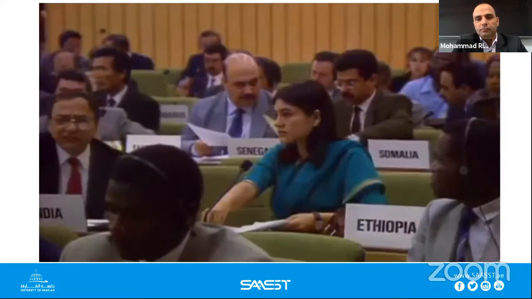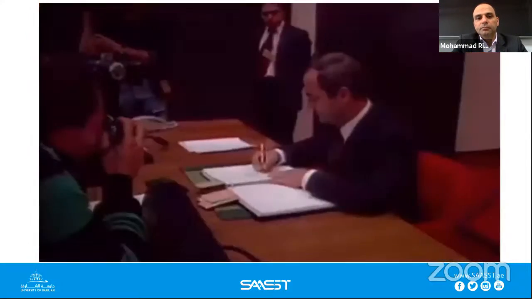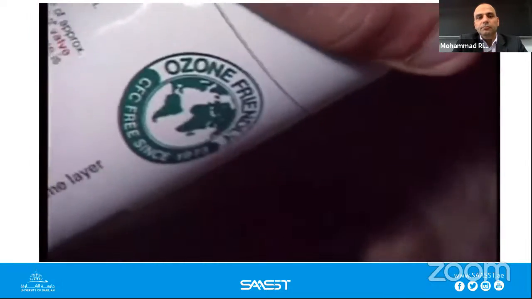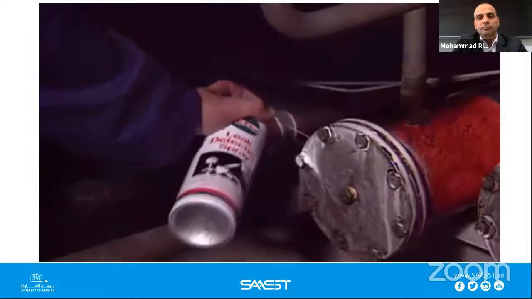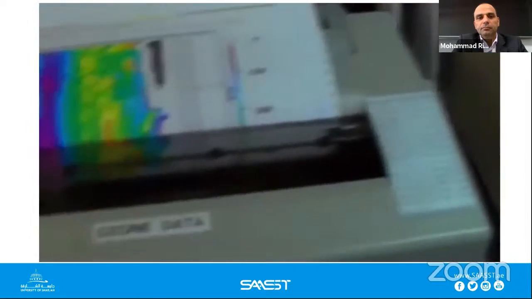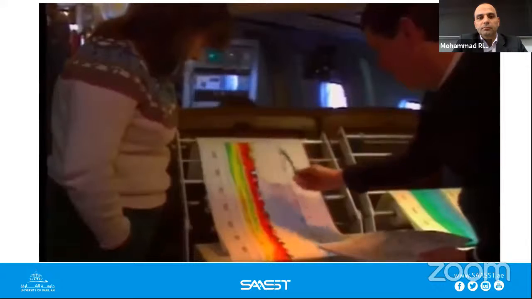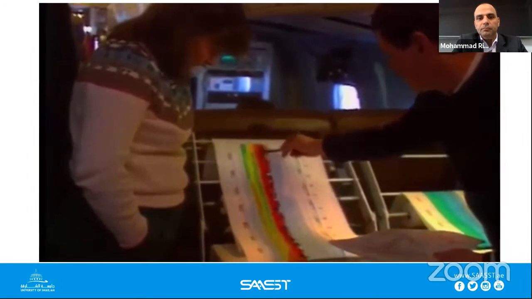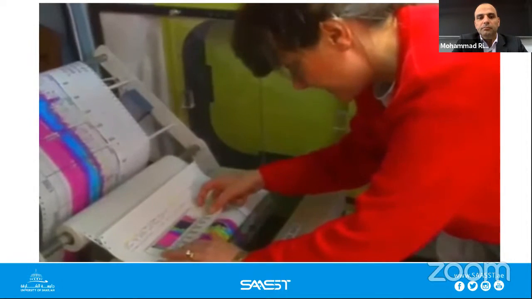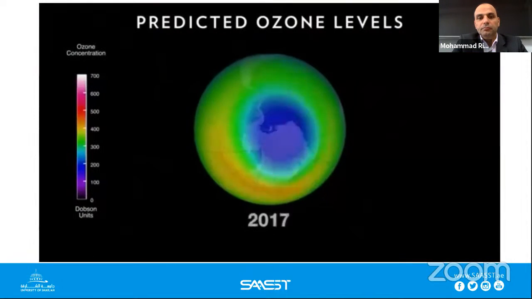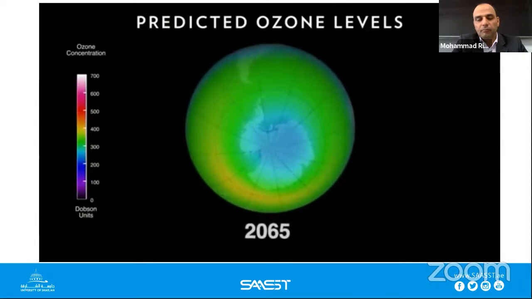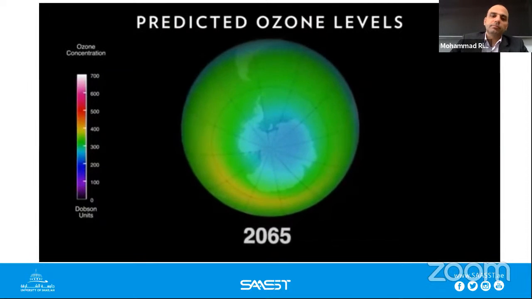In 1989, the Montreal Protocol banned the production of ozone-depleting substances. Since then, the amount of chlorine and other ozone-depleting elements in the atmosphere have been falling. Scientists estimate that chlorine levels will return to their natural state in about 50 years. By then, the Antarctic ozone hole will shrink to smaller than 8 million square miles.